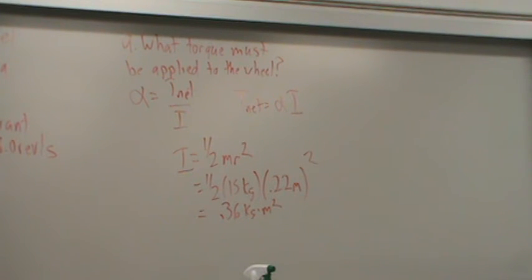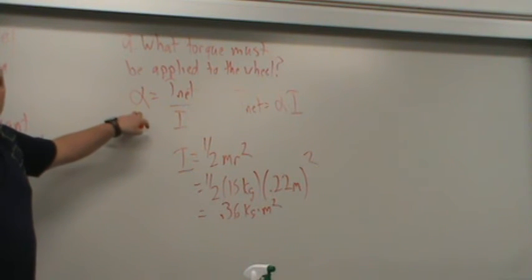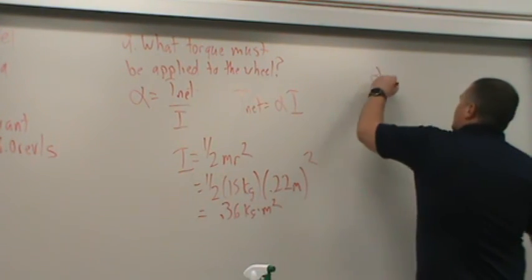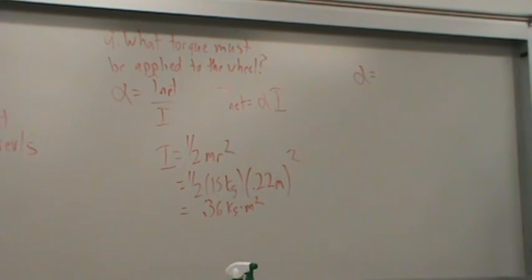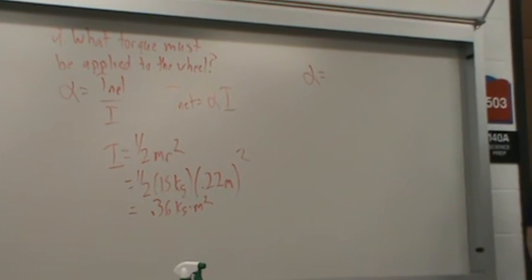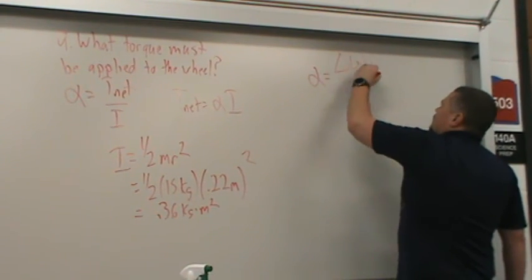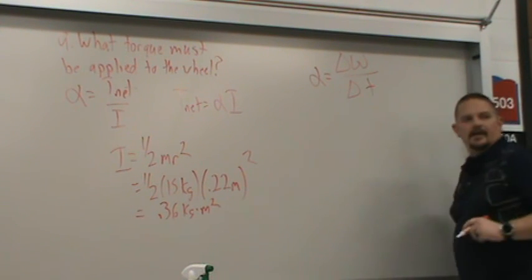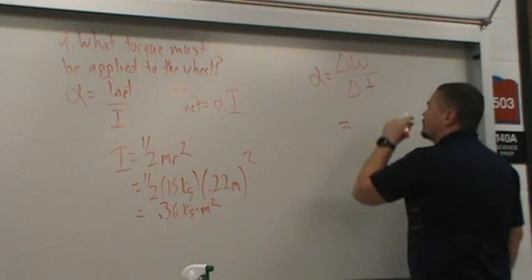Okay, any questions there? Nope. All right, so now we got to look at angular acceleration. Well, at the beginning of the chapter, it said the way that we can figure that out is we take the change in angular velocity over the change in time. Right? Okay, so let's look at this formula.